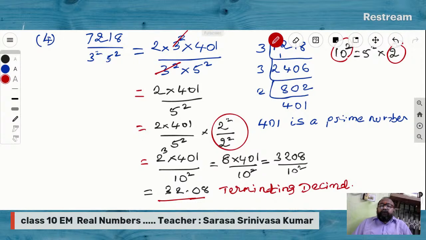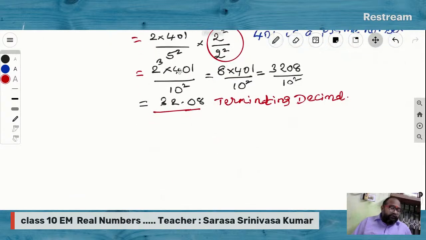Again, we want to get 10 square form in the denominator. To get a 10 square form in the denominator, we multiply and divide by 2 square. Therefore, we get 10 square in the denominator, and finally we get 3208 by 10 square. Therefore, the answer is 32.08.